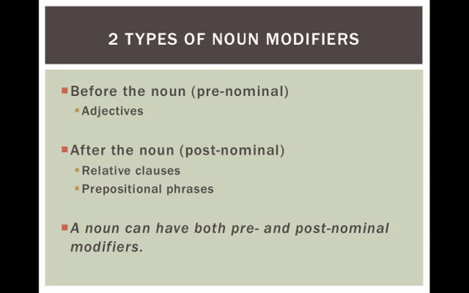And also prepositional phrases. Our friend, the prepositional phrase, shows up again, looking very similar to the things that we saw when they were sentence modifiers. Importantly, a noun can have both pre and post-nominal modifiers. Adjectives are pretty straightforward, so we're going to be focusing on the post-nominal ones.